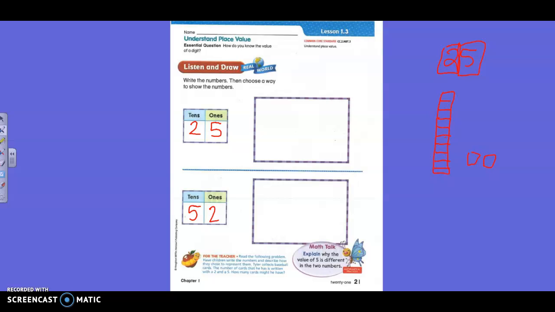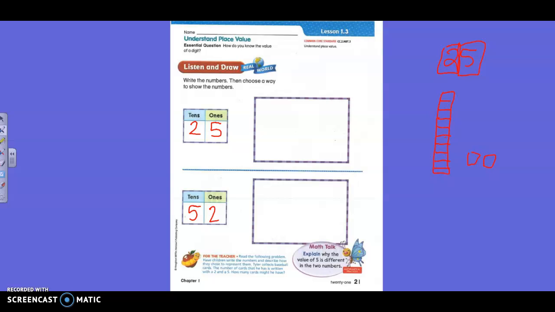I want to show the number 25 using tens and ones. Okay? How many tens do I need to show for 25? Look at that number, 25. 2.